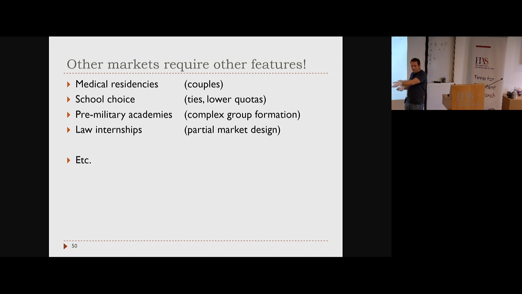When we did the pre-military academies match with Noam and Yanai, we had this group formation kind of problem, which is usually the diversity issue. And there were really a lot of things that we needed to tweak in the deferred acceptance mechanism in order for that to work.